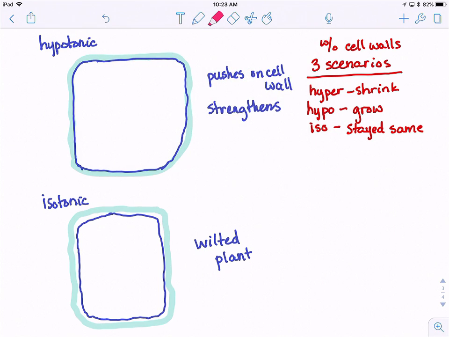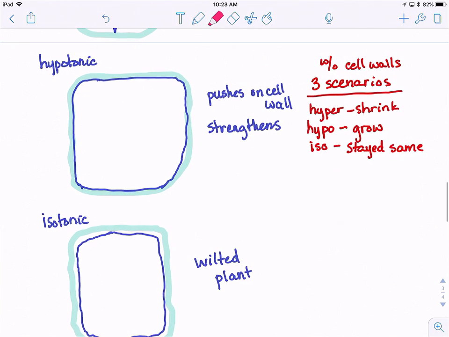So which of these three scenarios do you suppose is best for plants? What do you think, Annie? Say that again? Hypotonic.